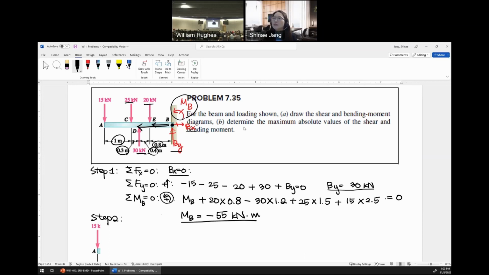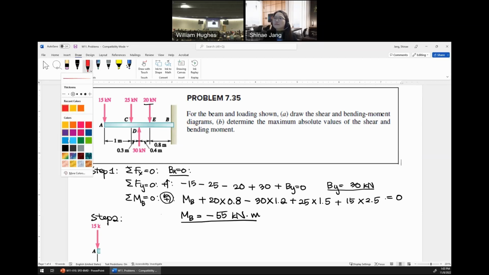So using the method of cut, we will find the internal forces. Okay, so I clean up here. Okay, and then where to cut? Before or after some forces. So in this case, let's cut after each load.